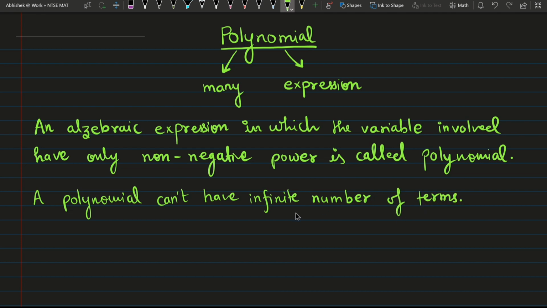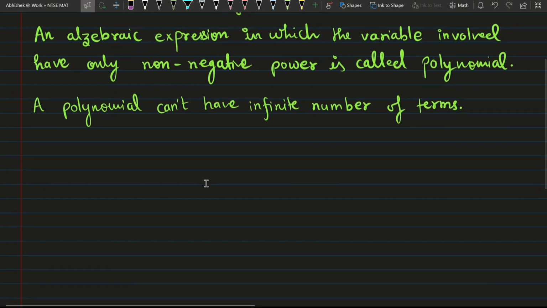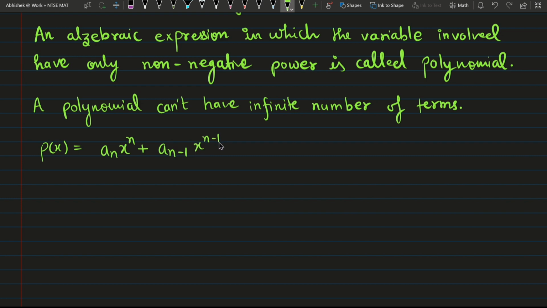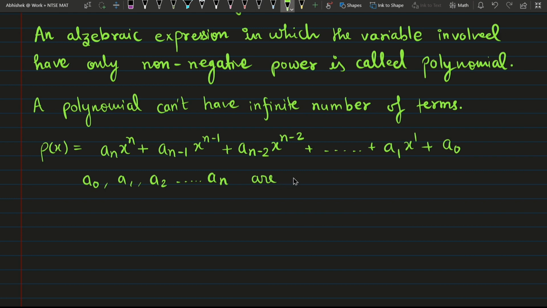So when we go with the general form, we can write a polynomial like this: p(x) is equal to a_n x^n plus a_(n-1) x^(n-1) plus a_(n-2) x^(n-2) and so on till a_1 x^1 plus a_0, where a_0, a_1, a_2 till a_n are constants.